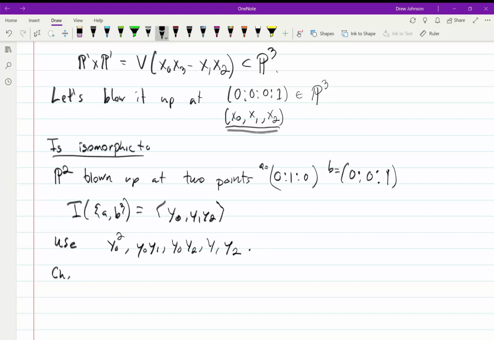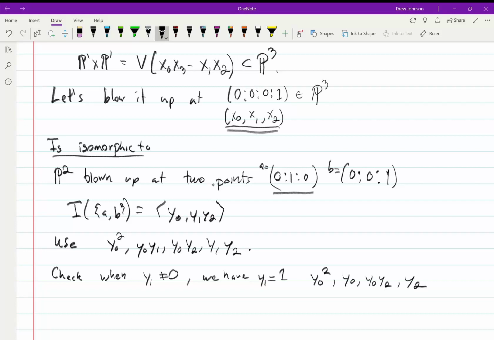So let's just check that on the affine chart. When y1 is not equal to 0, that's going to be the chart that contains the point A. We can take coordinates where we normalize y1 to be equal to 1, and so then our ideal will be generated by y0 squared, y0, y2, and y2.